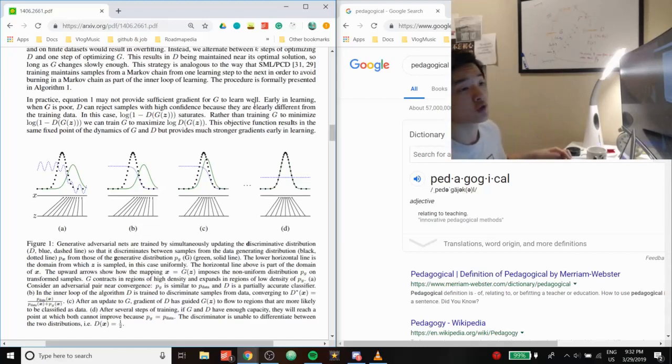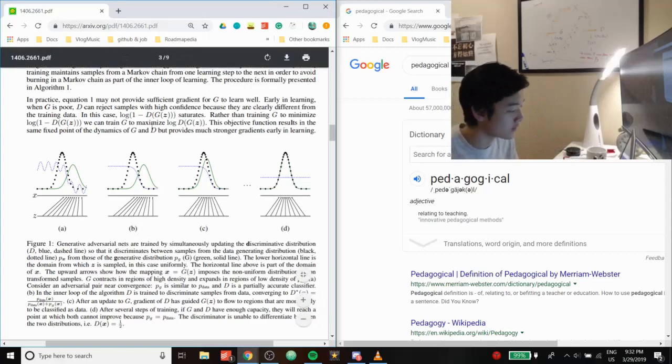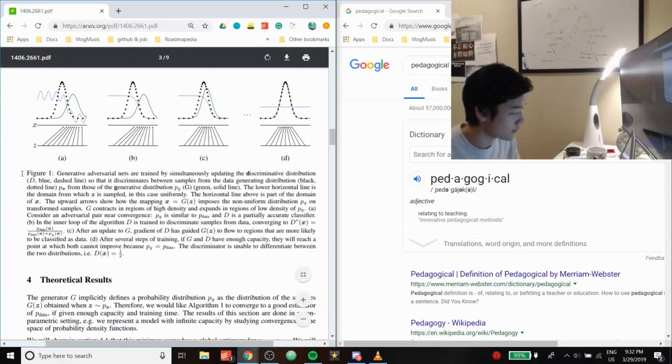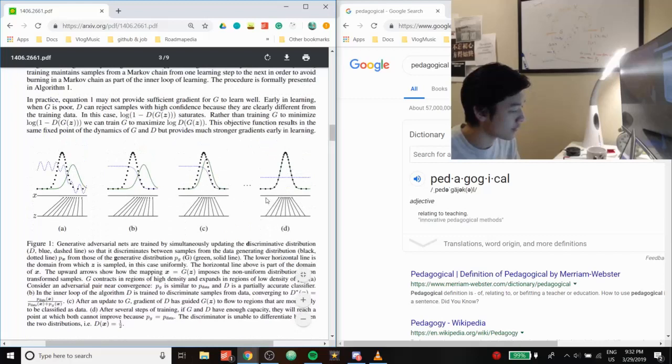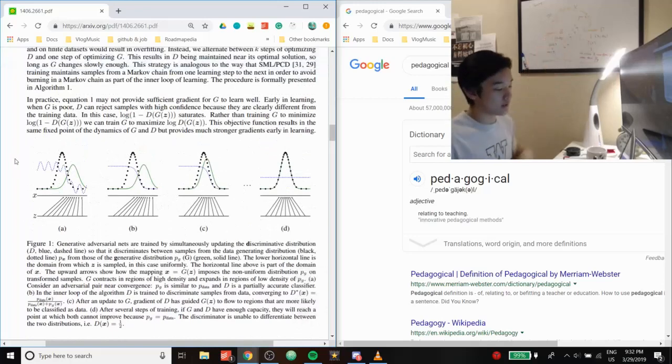Okay, so this little graph right here helped me understand what is going on a lot. We see that the black dotted line is always constant, and that is our original input. The green lines are the PGs, or the generator outputs.